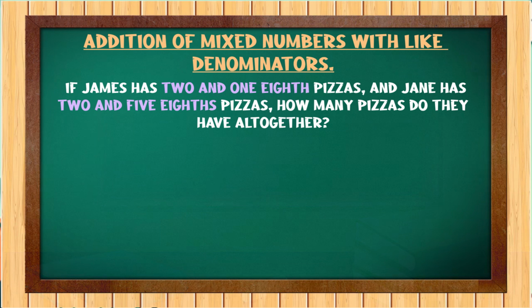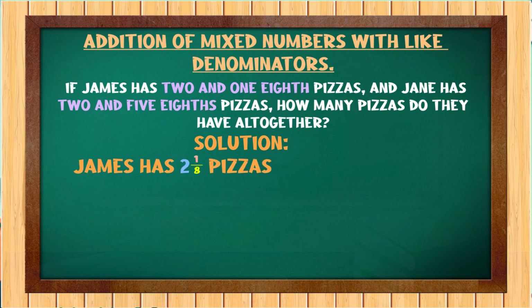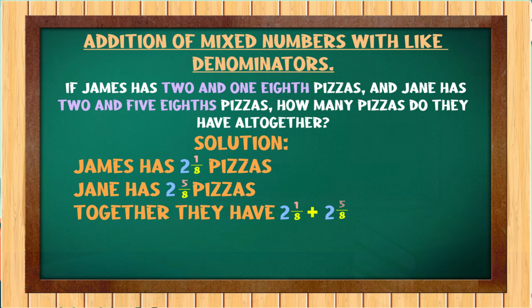Remember, in mathematics, we start from the known and we work towards the unknown. What do we know? James has 2 1/8 pizzas. We know that Jane has 2 5/8 pizzas. And we want to find out how much they have all together. Together, they have 2 1/8 plus 2 5/8.